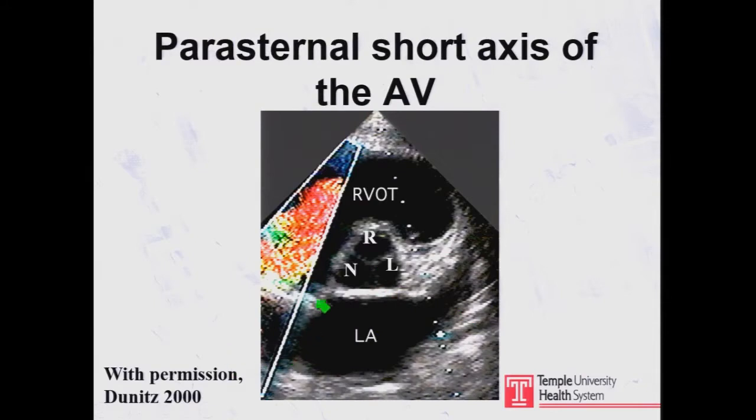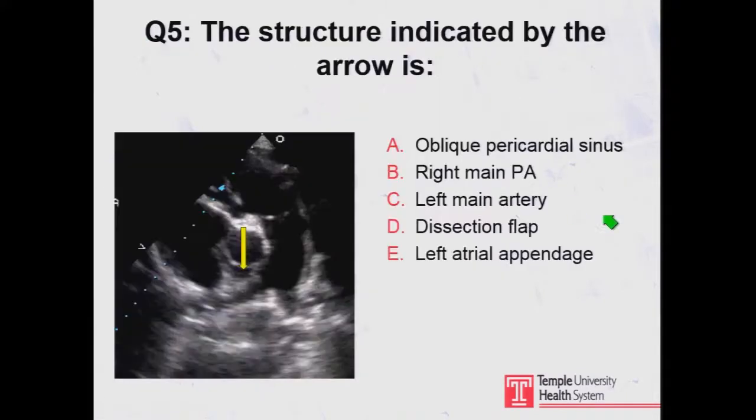Remember that the non-coronary cusp of the aortic valve is intersected by the interatrial septum. The right coronary cusp is always the most anterior, which leaves the left coronary cusp. And this is called the parasternal short axis view of the aortic valve.